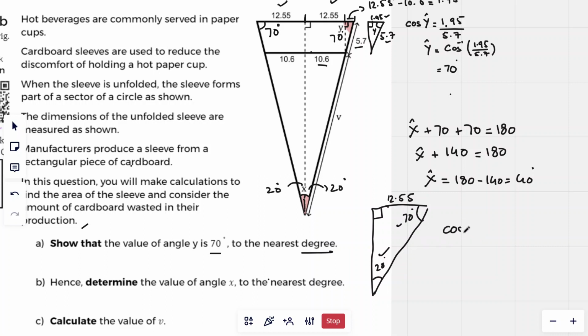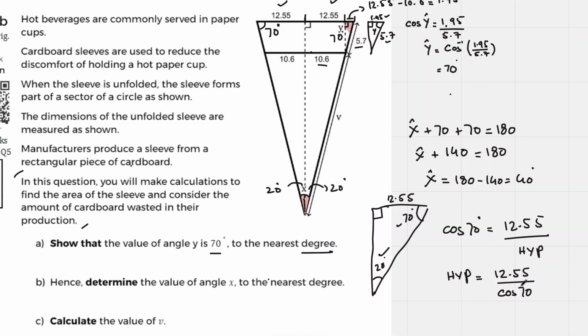So cos of 70 is 12.55 divided by the hypotenuse. So the hypotenuse would be 12.55 divided by cos of 70, and 12.55 divided by cos of 70 gives me 36.7.